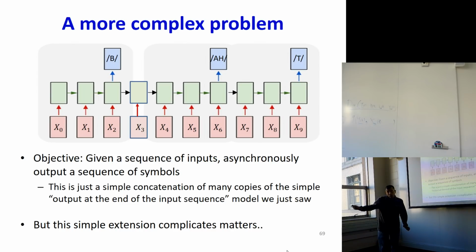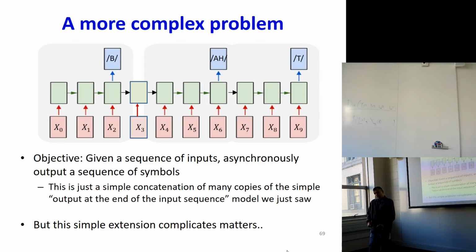So now here's a more complex problem. I've taken the same problem and I've changed the setting. Now, instead of giving you a segment and saying there's only one output coming out, I give you a sequence of inputs, and I want you to asynchronously produce a sequence of outputs. I have this sequence of log spectral vectors. Tell me what phonemes happened when.